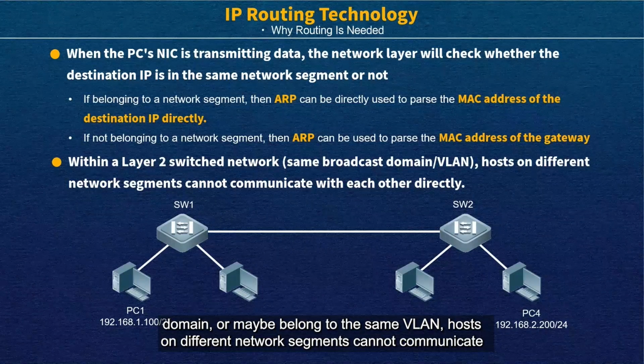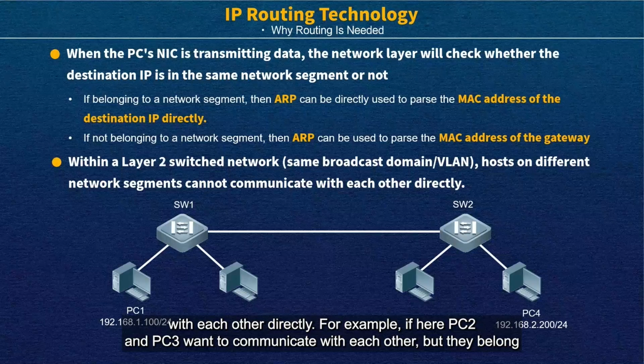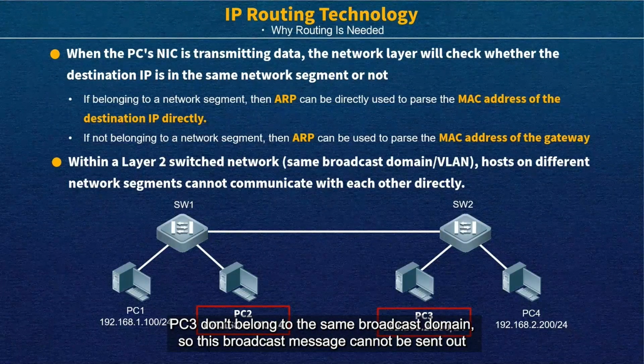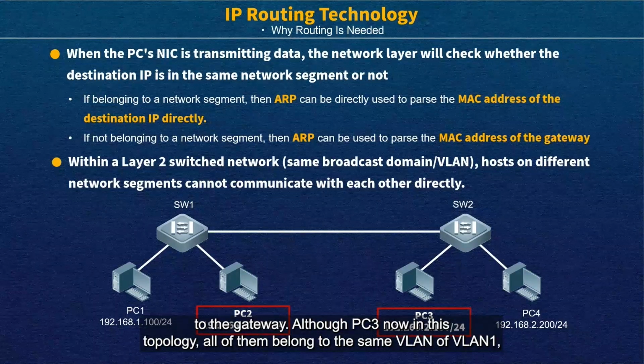Hosts on different network segments cannot communicate with each other directly. For example, if PC2 and PC3 want to visit each other, they belong to different IP segments. PC2 wants to ask for the MAC address of the gateway, but because PC2 and PC3 do not belong to the same broadcast domain, this broadcast message cannot be sent out to the gateway.